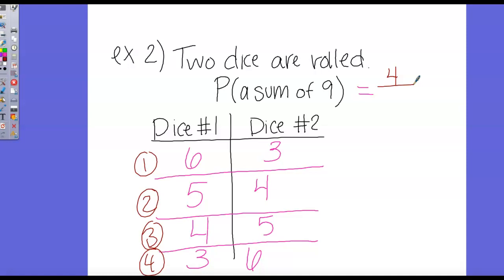Blake? Adding them both up, like how many things there are on the two dice. How am I going to figure that out though? Carter? 6.